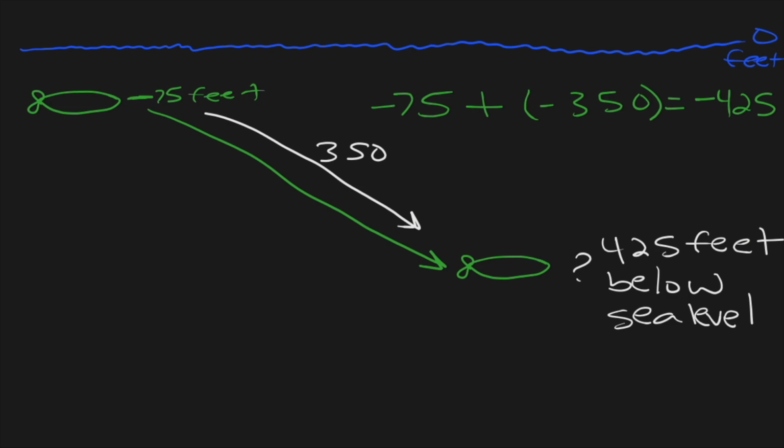So another way that we could have solved this is, instead of writing it as negative 75, we could have kept it positive. And this 350 as well, we could have kept that positive.